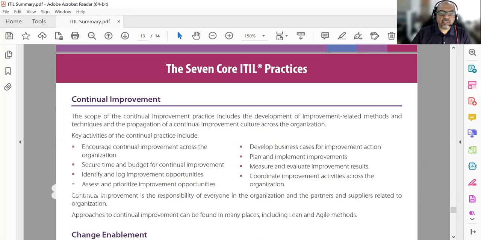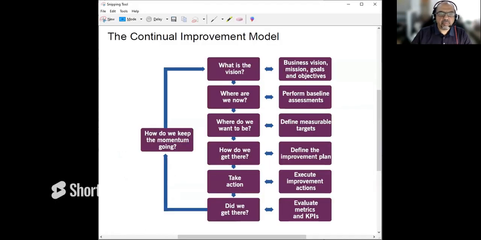So yeah, I was telling you about the continual improvement, and I told you about the continual improvement model. Let me share this one with you, just a moment. So this is the 7-step continual improvement model.